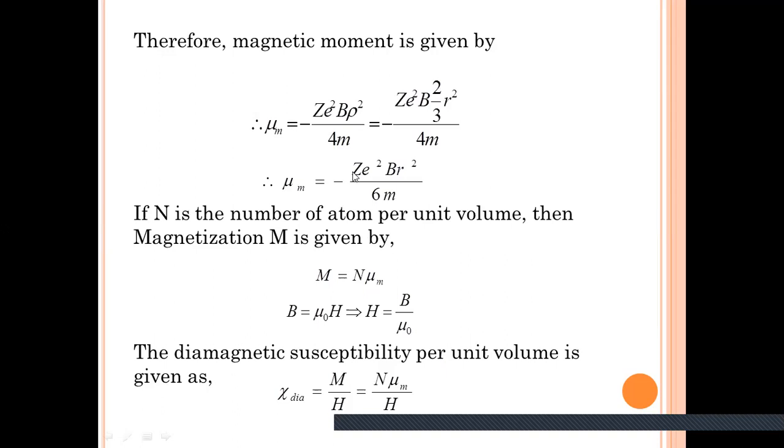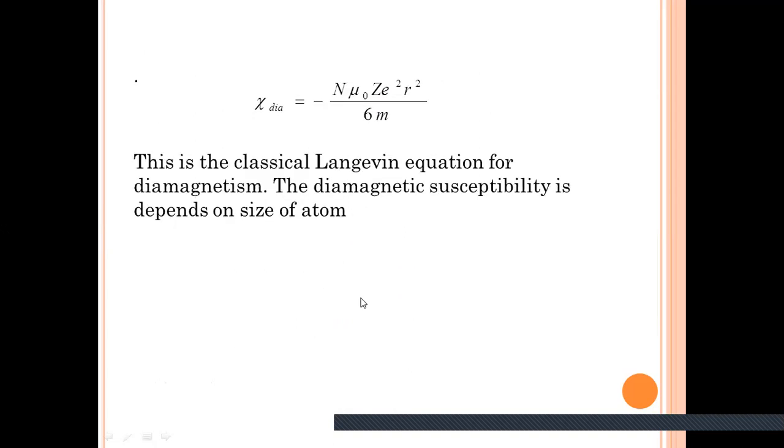Again, this is the relation between the magnetic field and the magnetic field intensity: B equals mu 0 H. We need H in the form of B, so we put this equation into the susceptibility, and we put the value of mu m in this equation, and after solving we get chi dia, the diamagnetic susceptibility, equals minus n mu 0 Z e² r² upon 6m. Thank you.